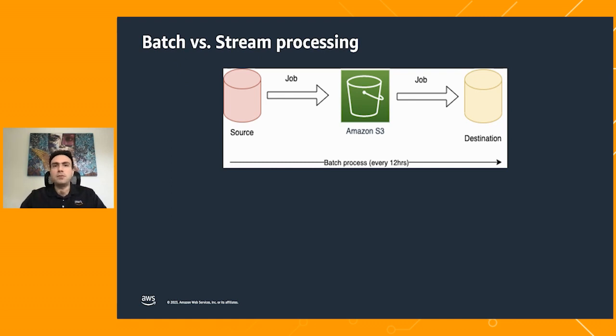Then the destination will need to run another batch job to import that snapshot into the destination. This will work, but as you can expect, the latency of the data sync is unknown because it relies on how frequently the batch job runs.